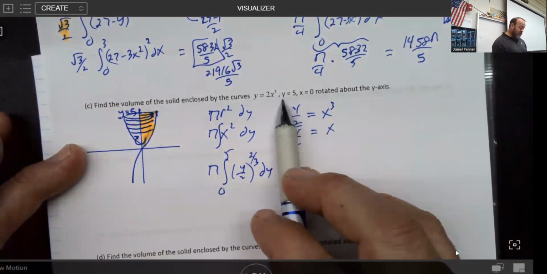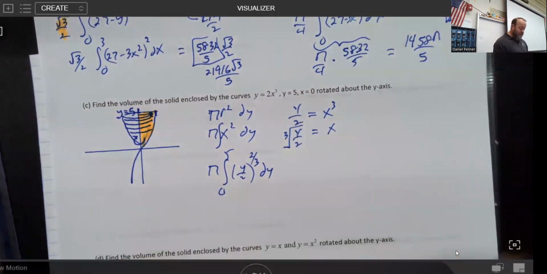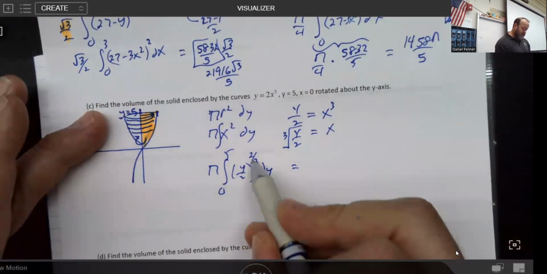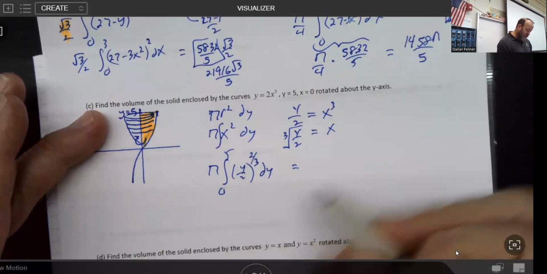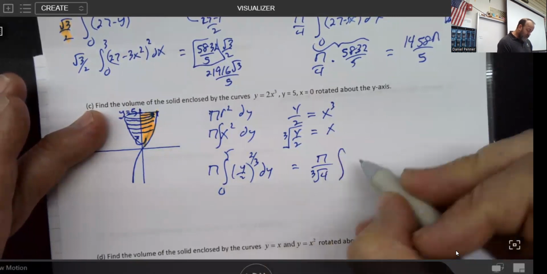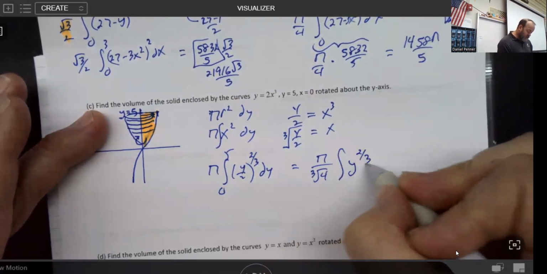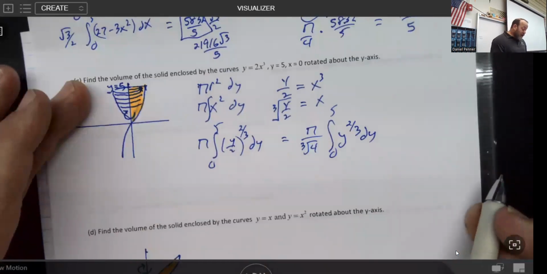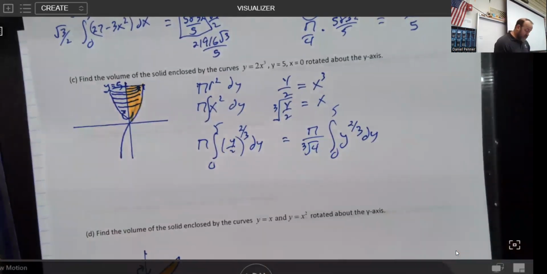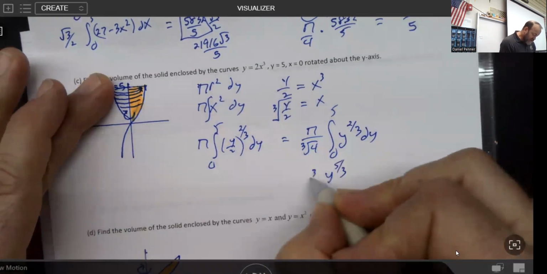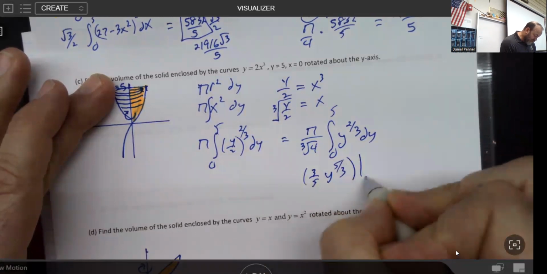Now, as we do that, that may seem a little bit gross, but it doesn't come out too bad because 2 to the 2/3 power, 2 squared is 4. So this is the cube root of 4, which is a constant. And we're going to integrate y to the 2/3 dy. And okay, nice numbers? No, certainly not nice numbers. y to the 5/3 with a 3/5 in front from 0 to 5.